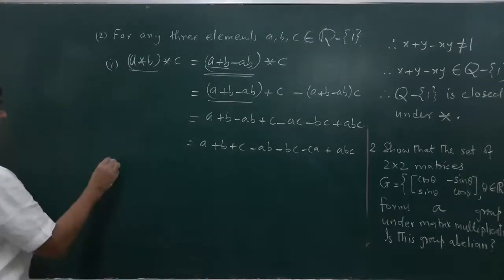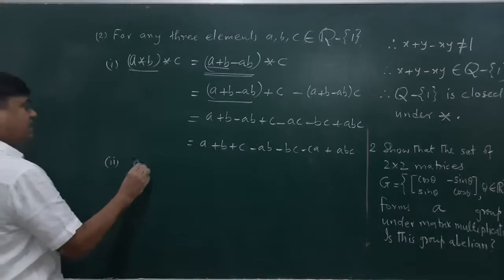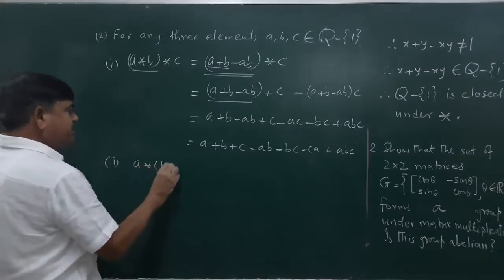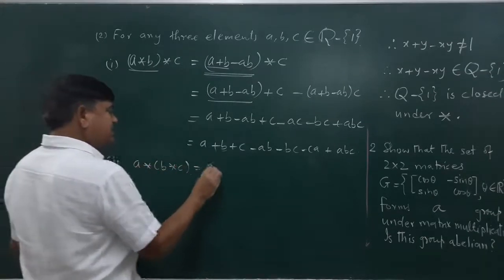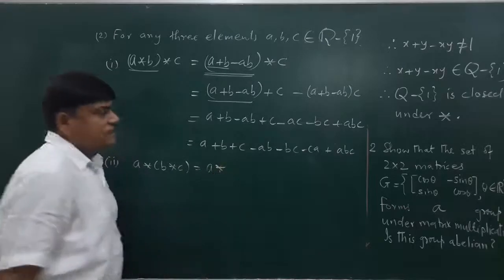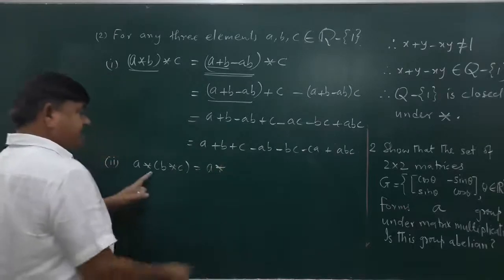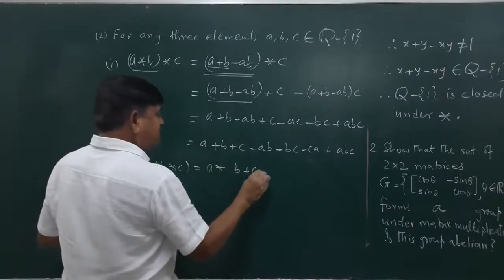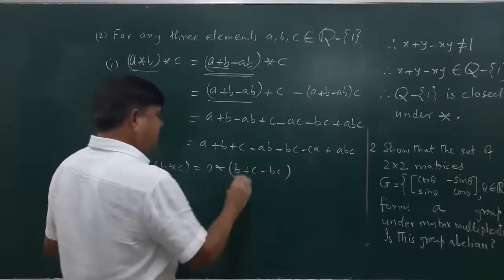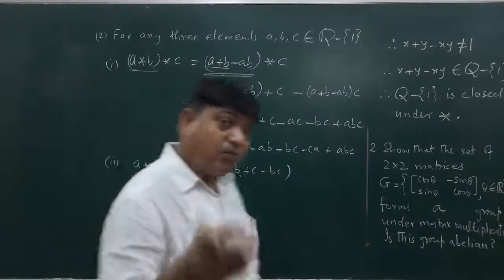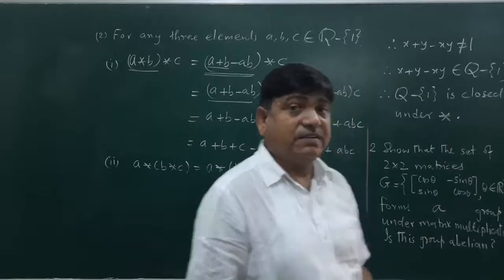Second one, A is this, B is this equals A is this, B is this means B plus C minus B C. ऑपरेशन जो दे रखा है वही होना चाहिए, ये ध्यान रखना है, अपनी मर्जी से नहीं.